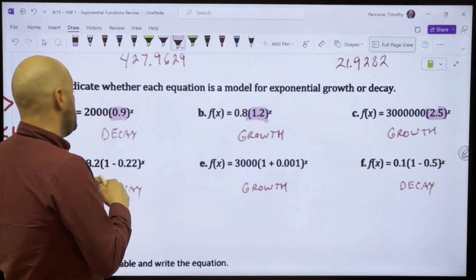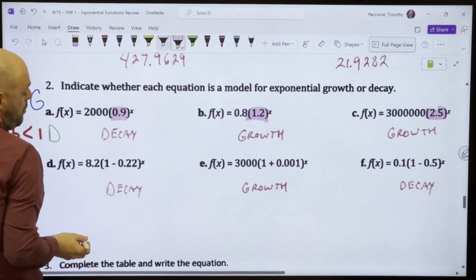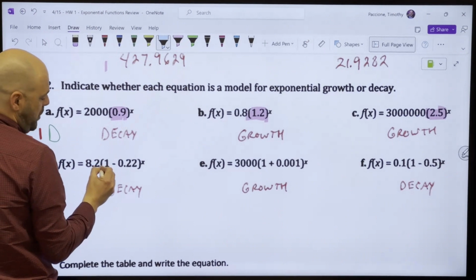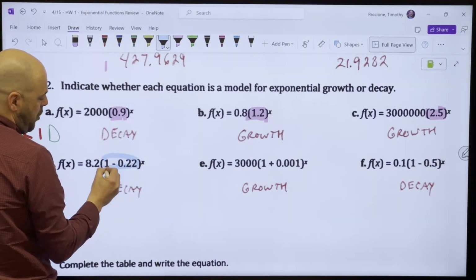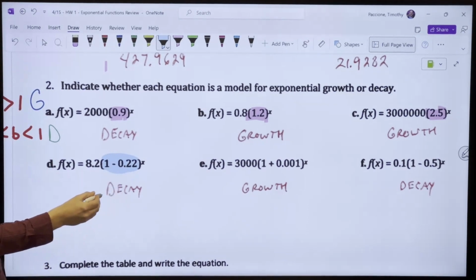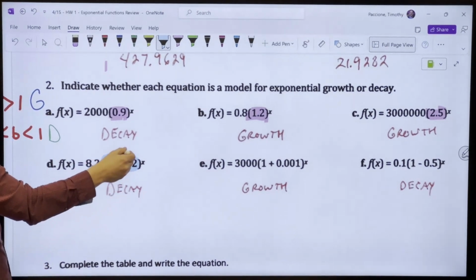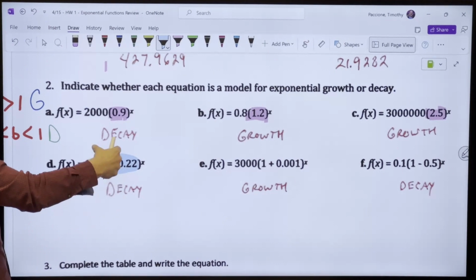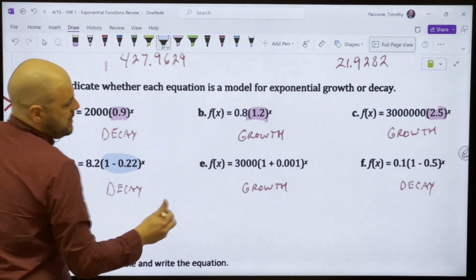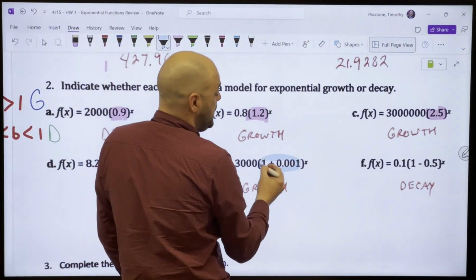The next one's maybe not as clear because you had to do a little math, right? So you would say, okay, what's being raised to the x? This whole thing, right, is being raised to the x. So that's your B. So you ask yourself, what is that whole thing? Is that whole thing less than 1 or greater than 1? Well, it's 1 minus something, right? So it's less than 1, right? Decay. This one is 1 plus something.